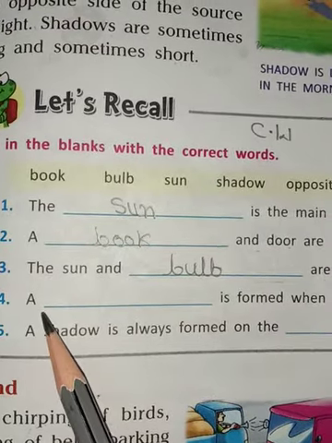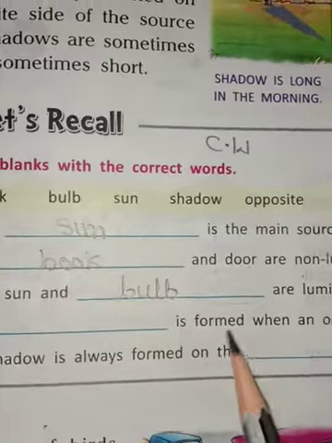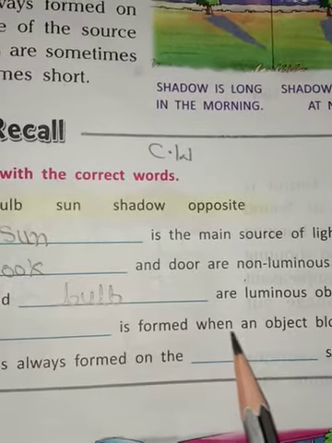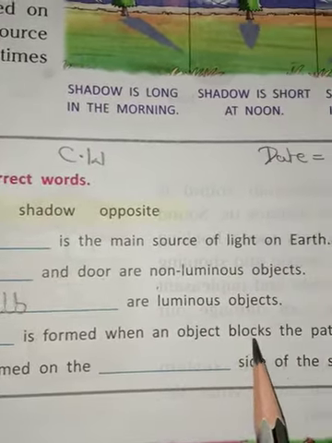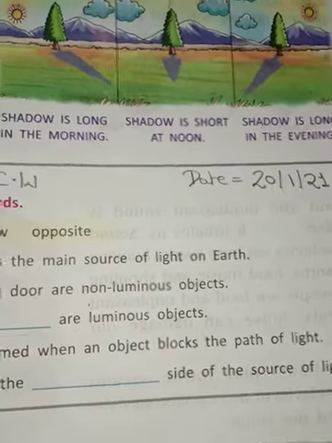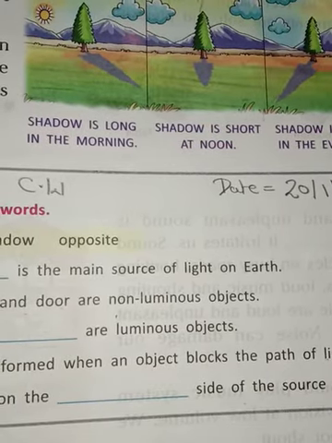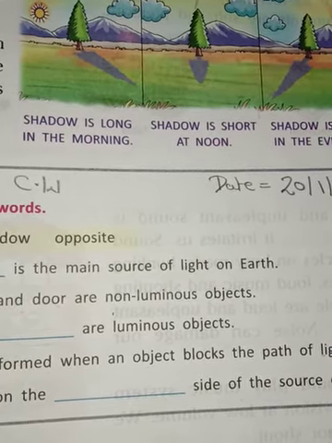Now fourth, a dash is formed when an object blocks the path of light. So student, shadows are made by blocking light.